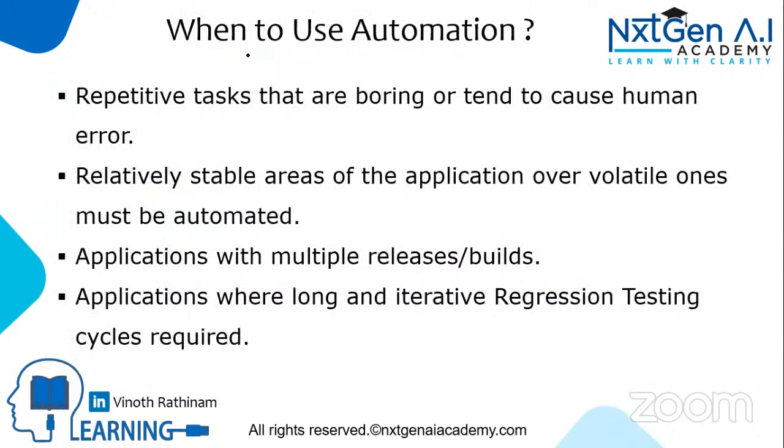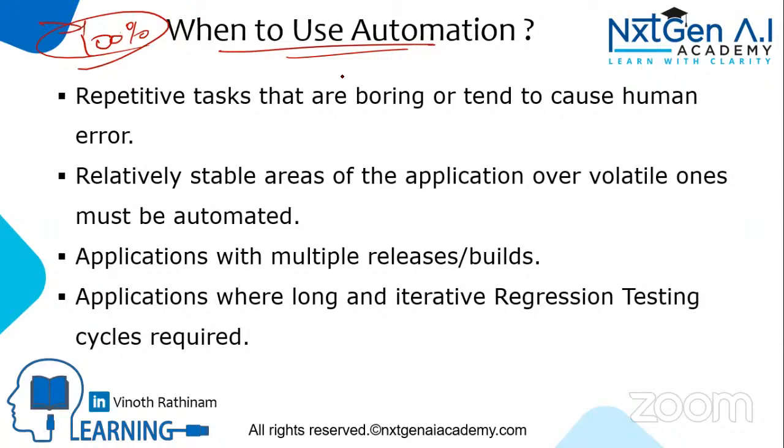So then this is again about when to use automation. And one more wrong assumption, mostly by clients or non-technical users: everyone thinks we can automate 100%, that everything I can go and automate. These are misassumptions, wrong assumptions.